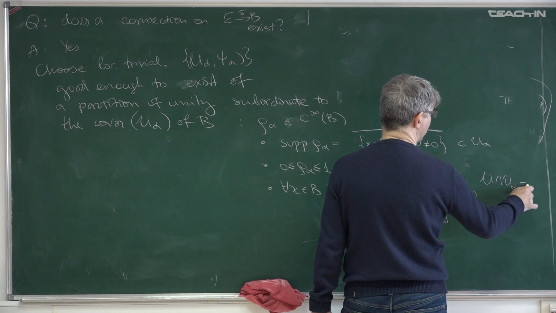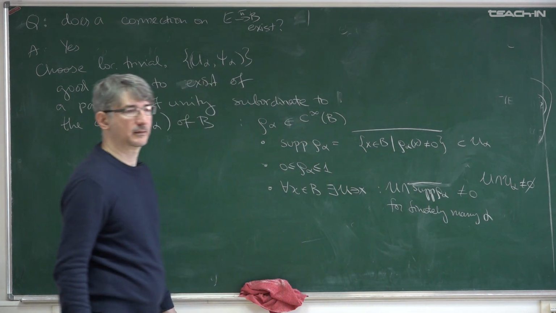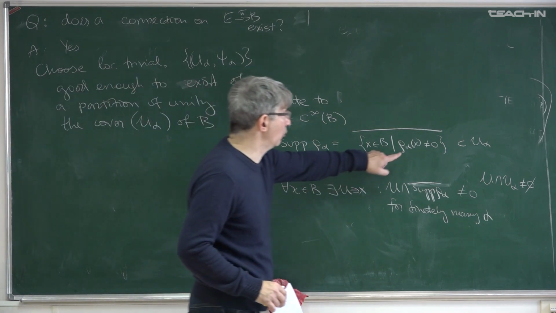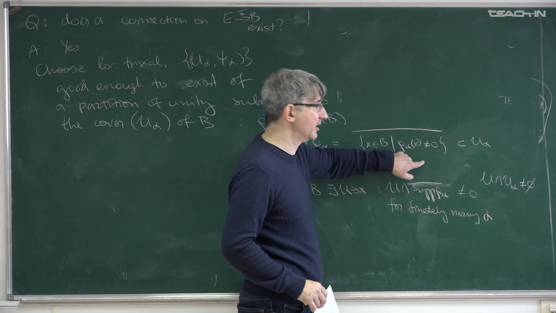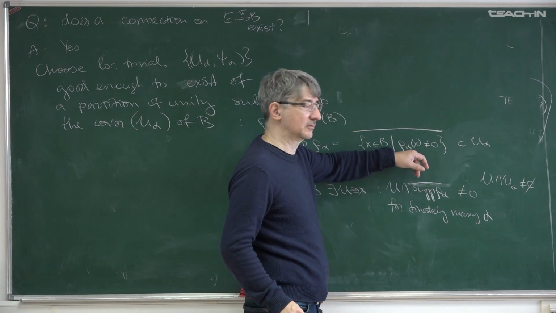But when you define support, you take the closure in B, closed by definition. The support is open because this is an open condition. You take a preimage of everything except 0. It's an open set. And then you take a closure.